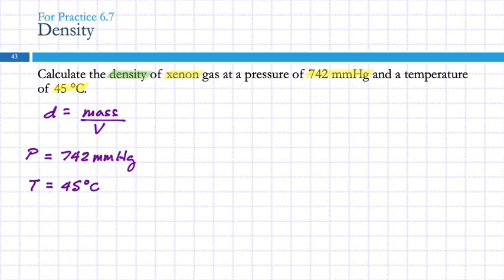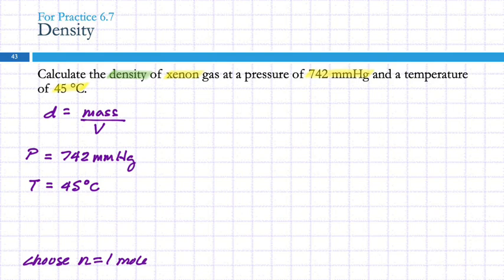And so they didn't tell us how big the sample is because it doesn't matter. But if we want to calculate the mass, then we need to have a sample amount, right? So we get to choose whatever we want, so we might as well make it easy. Let's choose 1 mole. So we're just choosing n equals 1.